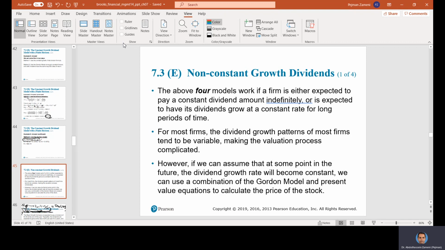For most firms, the dividend growth patterns tend to be variable, making the valuation process complicated, of course. However, if we can assume that at some point in the future the dividend growth rate will become constant, we can use a combination of growth model and present value equations to calculate the price. As you can see, we need to be a bit creative and combine all these concepts that we have already learned.